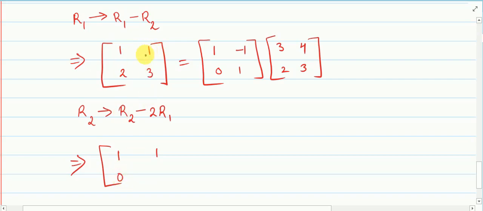Here it is 2, so 3 minus 2 will be 1. The same thing has to be done over here. The first row is multiplied by 2 and then subtracted from the second row. So 1 minus 1, and here you will get minus 2, so 1 minus minus 2 will be 3.